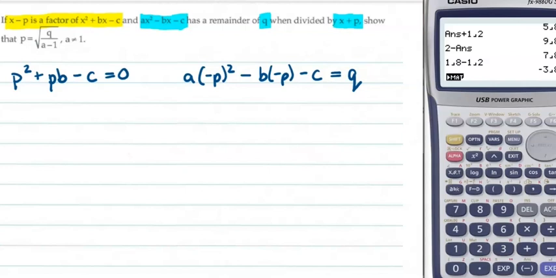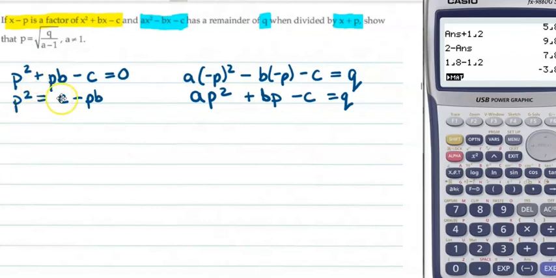So I'm going to start by saying this is ap squared, this is minus b times p minus c is equal to q. Now on this first equation, this gives me that p squared is equal to c minus pb, which means I can use that to substitute into here and turn this into a linear equation, so it won't have any powers in it.